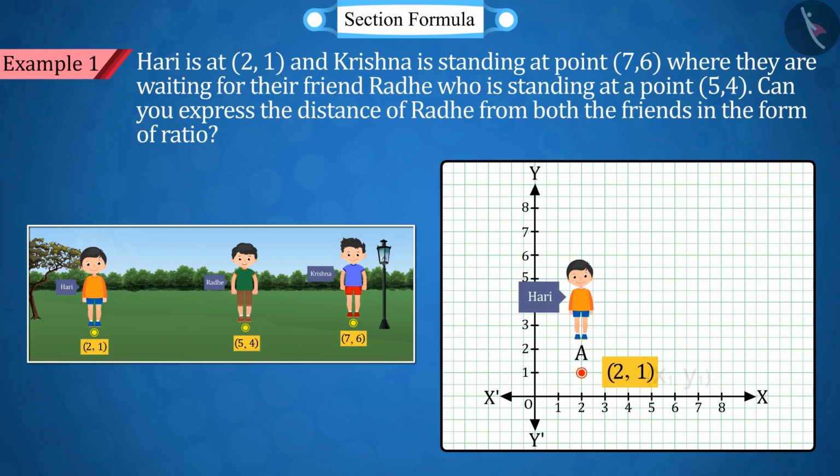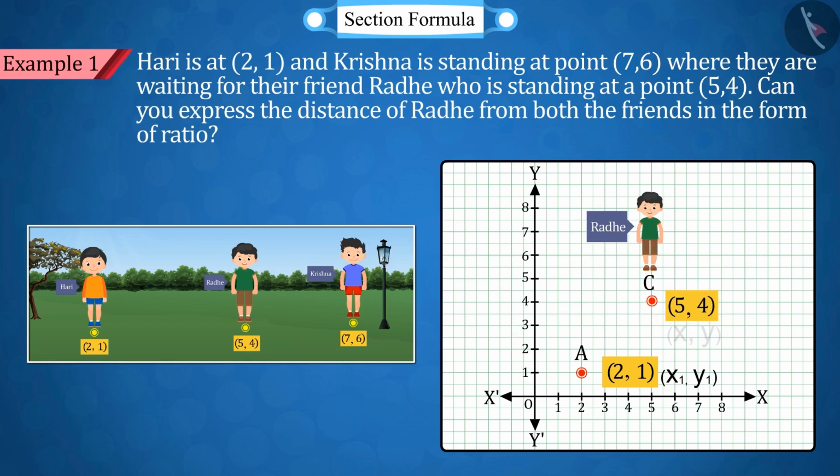Assuming the point A, that is x1 equals 2, y1 equals 1, is the position of Hari. Point C, that is x equals 5, y equals 4, is the position of Radhe.